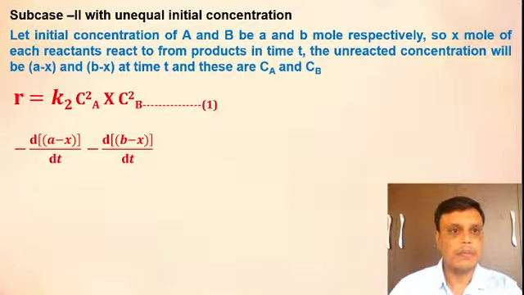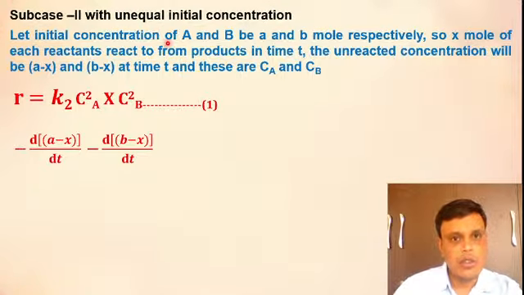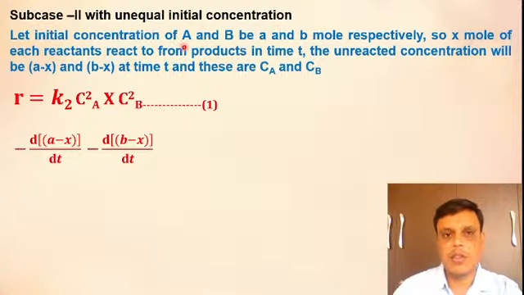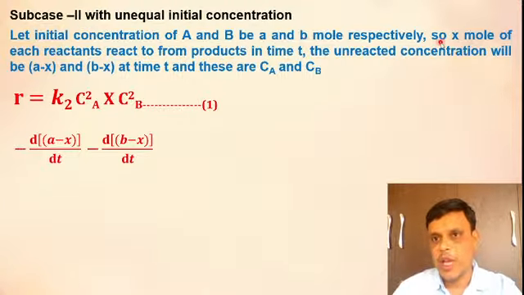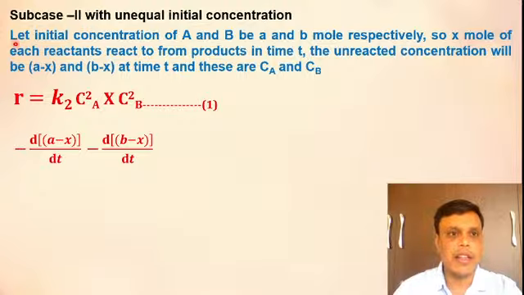How? Let us see. Let the initial concentrations of reactant A and reactant B be a and b mole respectively. X is the number of moles of each reactant which react to form a product in a time t.